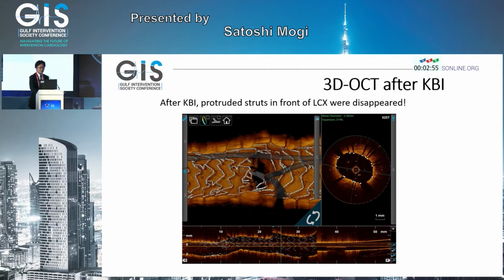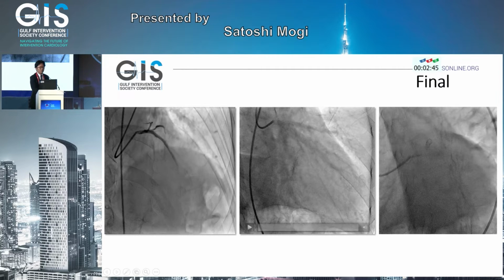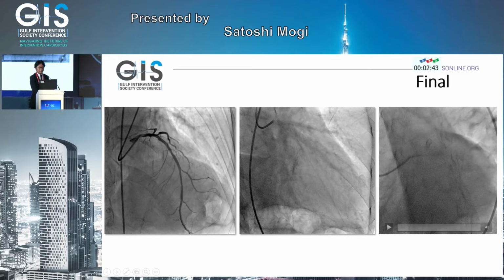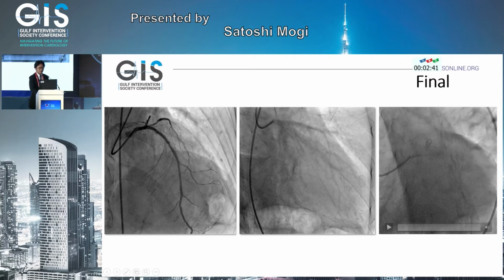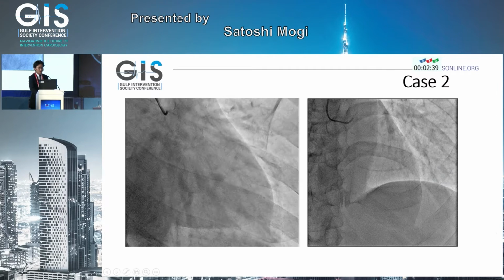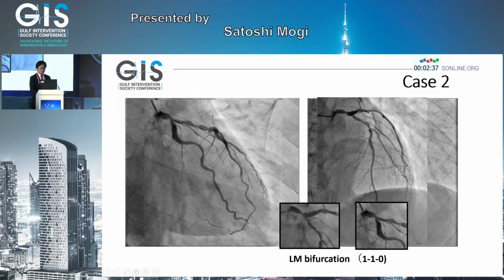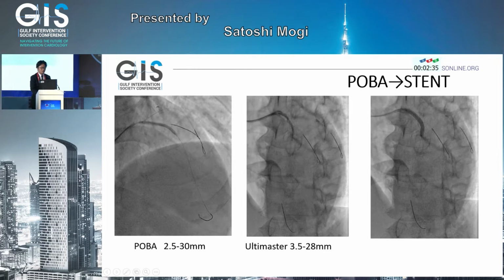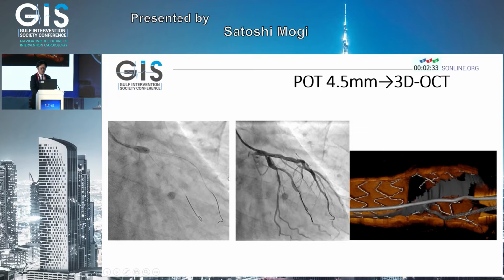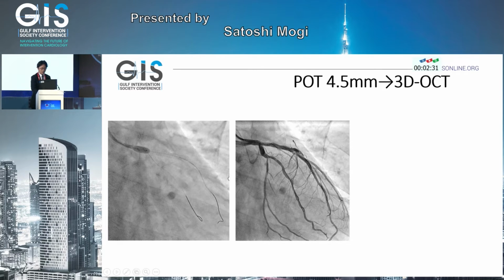What happened after that? This is a 3D image after KBI. Excess struts were removed. Final. Okay. I don't have enough time, so I will cut the second case.